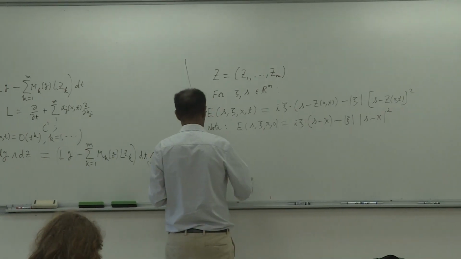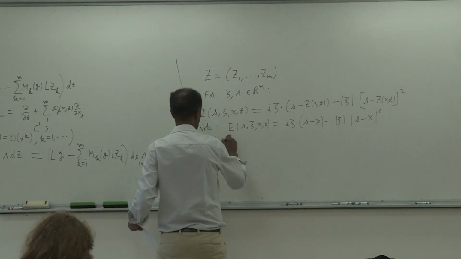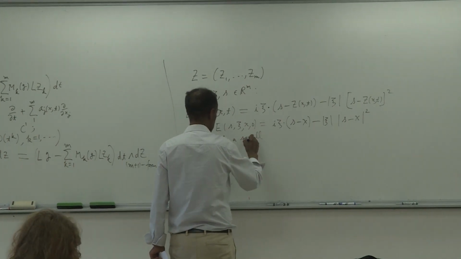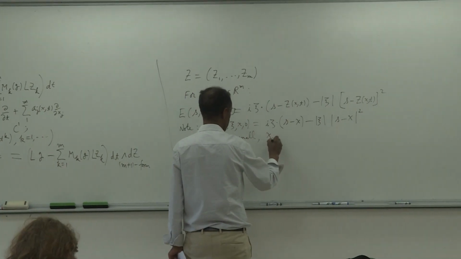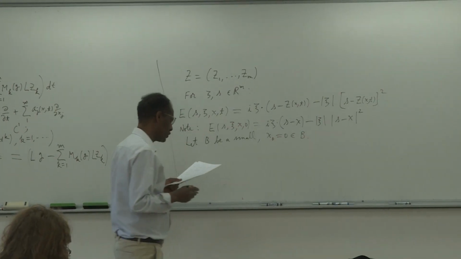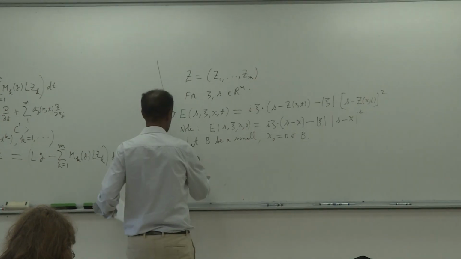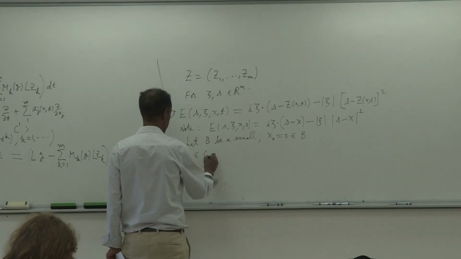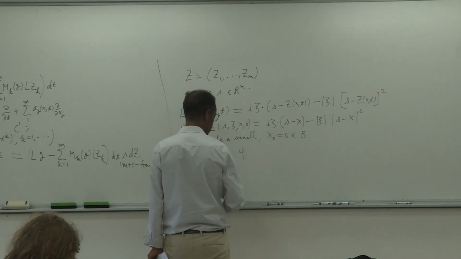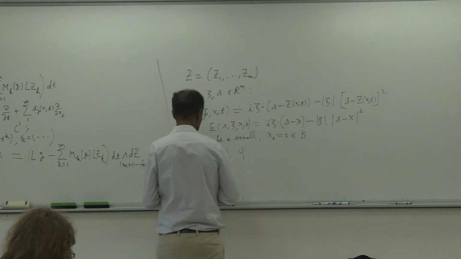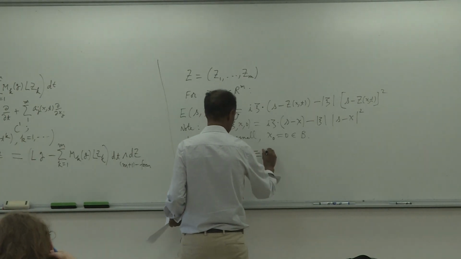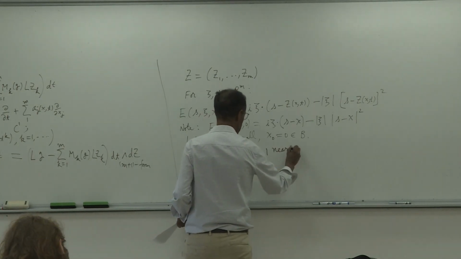Okay, so let B be a small ball containing the point we are looking at, x0, which we call 0, okay? And psi, a smooth function of compact support, supported in B. Psi is identically 1 near 0.